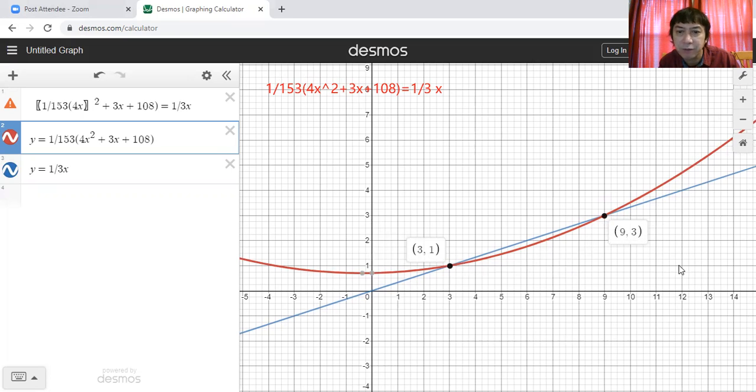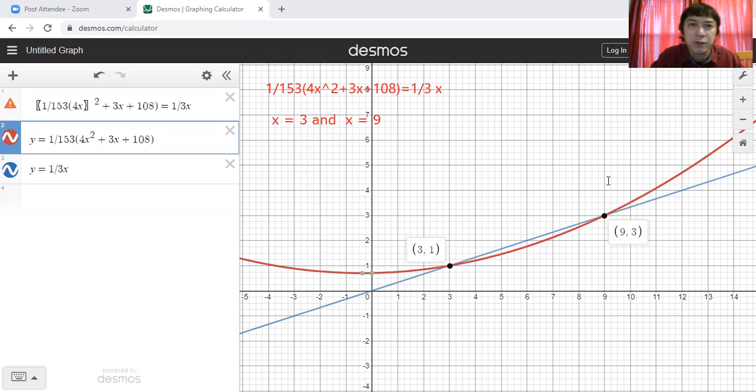Again, we're after the x values only. So our answers, we have x equals 3 and x equals 9. So we're preparing to retype it in the other screen.